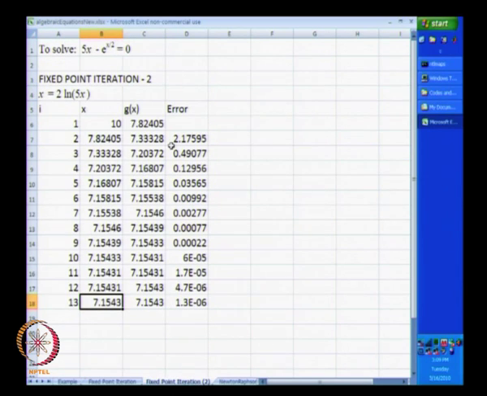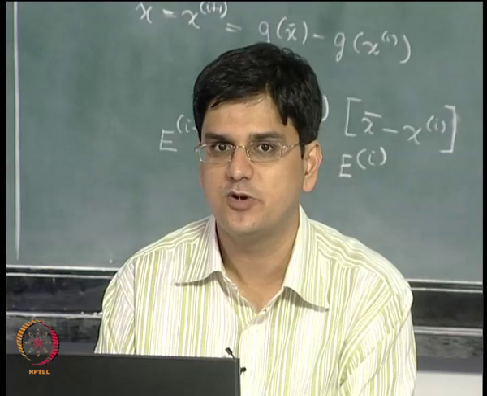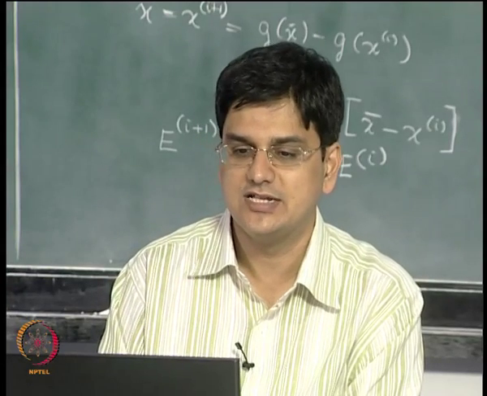And what you can then try yourself is for this g of x 2 log 5x, you can get g dash of x, and once you really have g prime of x, then find out numerically where the fixed point iteration is guaranteed to converge and where the fixed point iteration does not have guarantees to converge.